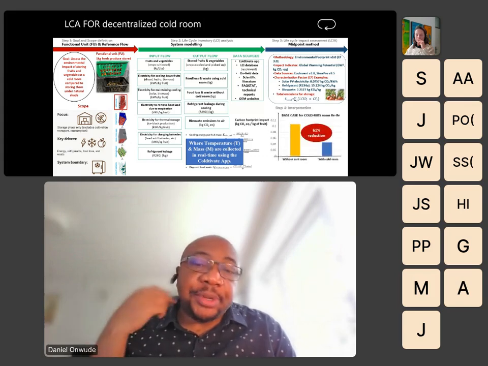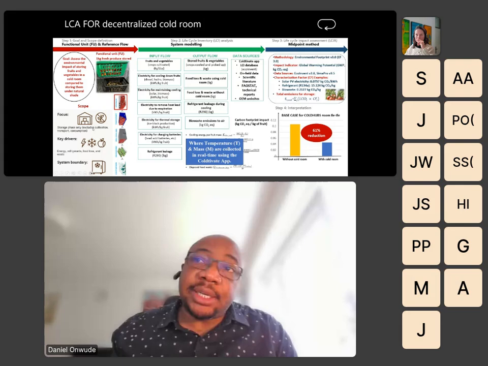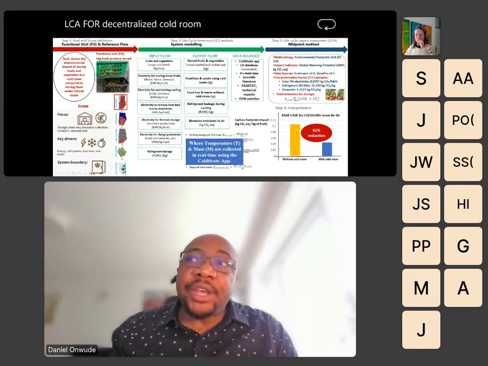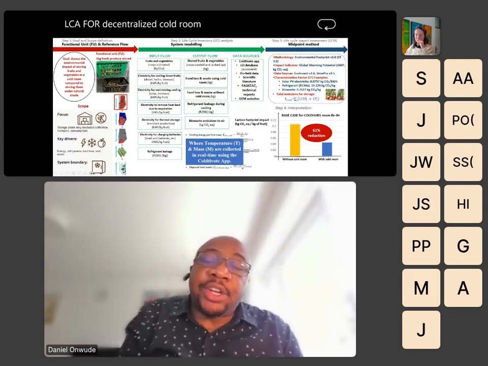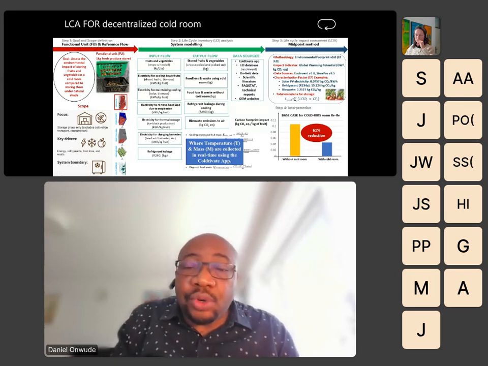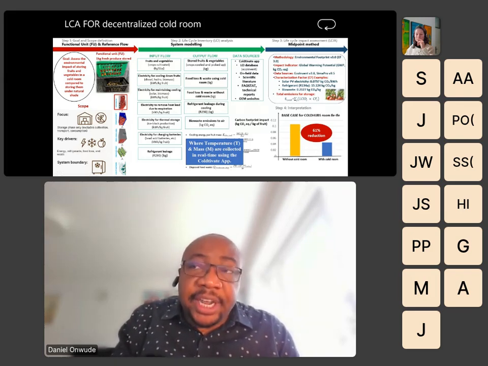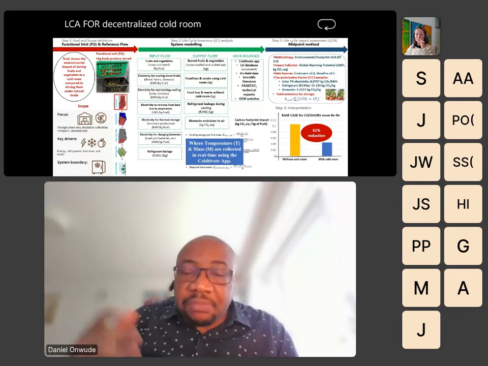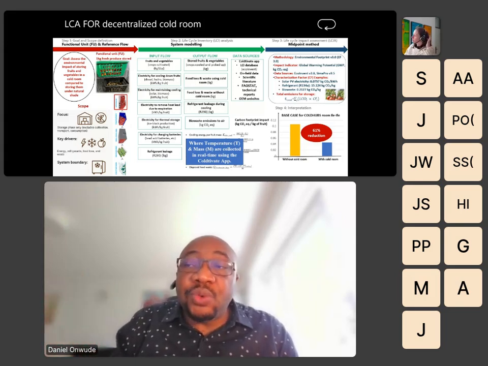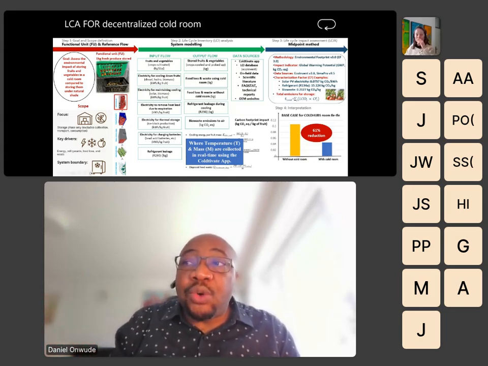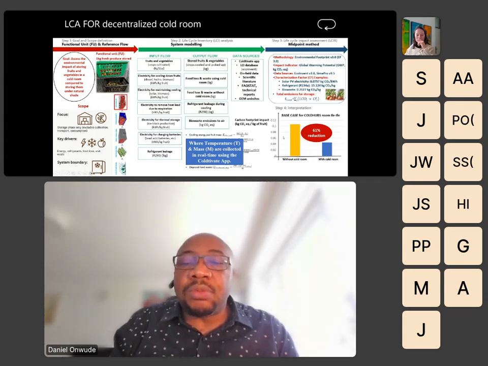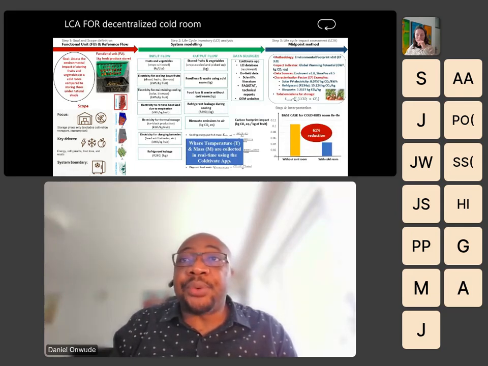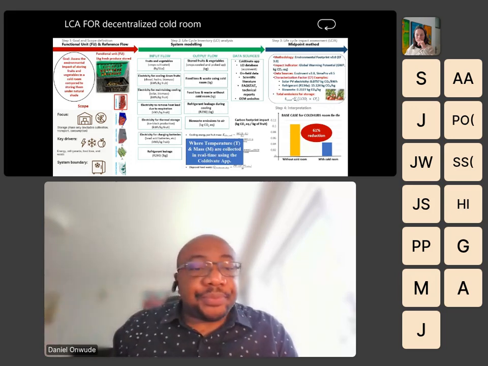A typical interpretation is shown at the bottom right of your screen, where you see a base case calculation that we did for the ColdHubs cold room at Ile-Ife, Nigeria, where we see that the environmental impact of using their cold room was 61% lower than without storage. So this is a typical example of how the calculation was carried out.